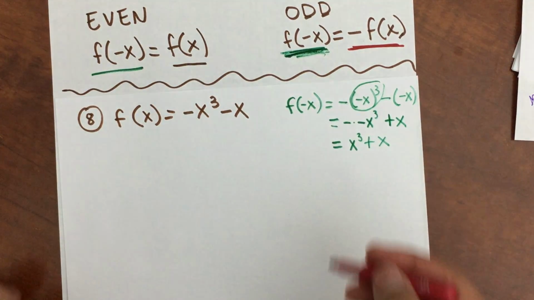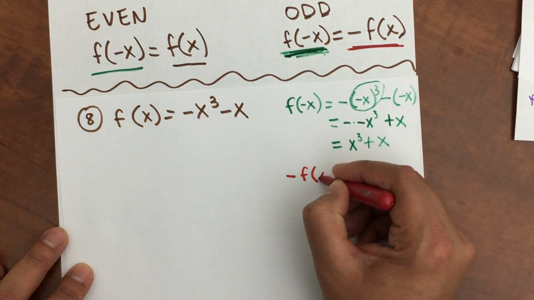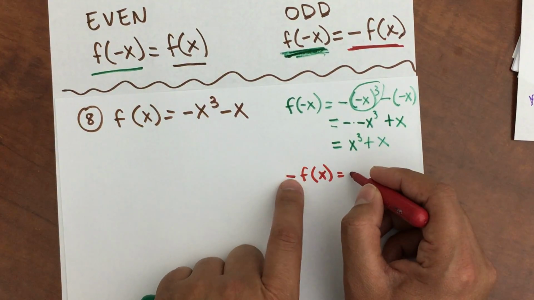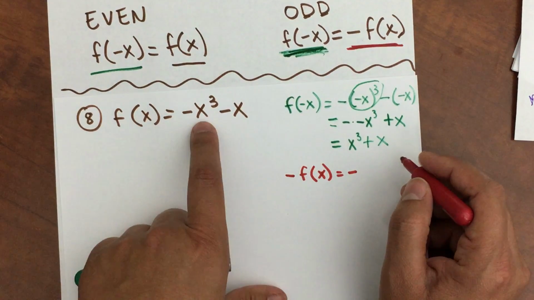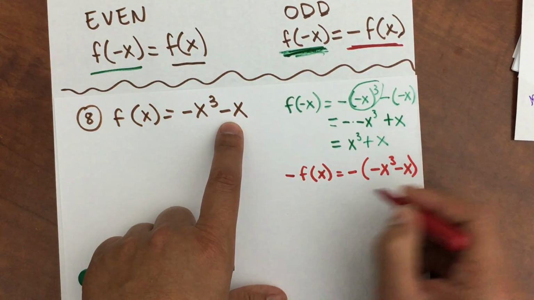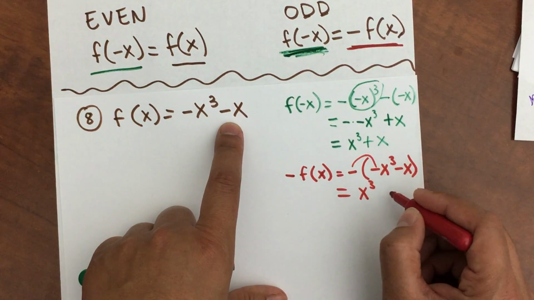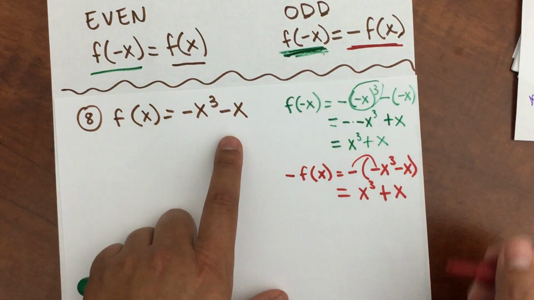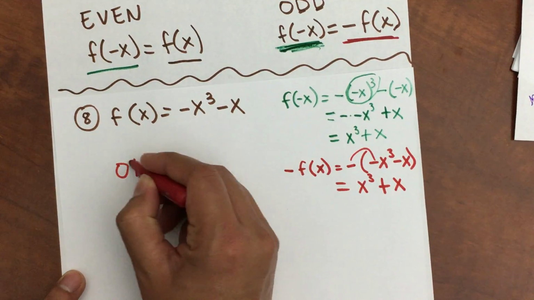But again, if you need to do the next part, negative f of x equals, this means put the negative outside and now get the original function, which is negative x cubed, negative x. And so negative times negative is positive x cubed. Negative times negative is positive x. Are they the same? Yes, so that means that this is odd.